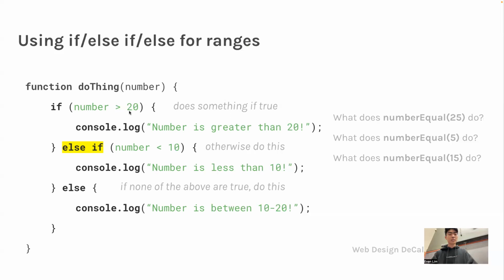This would catch all numbers greater than 20 and tell you that it's greater than 20. If it's not greater than 20, let's check: is it less than 10? If so, then number is less than 10. And then this else catches everything that's not greater than 20 and not less than 10. So essentially, everything between 10 and 20. So this is one way we can apply this chain of if and else statements to express ranges.